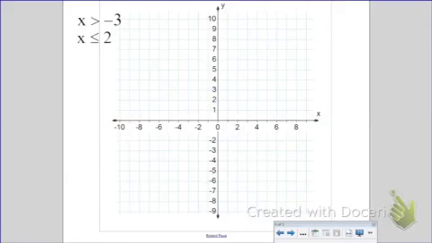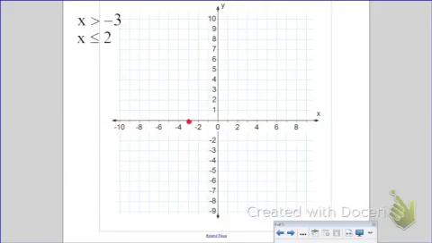Our last example is going to be one where we just have two simple one variable inequalities. These are still graphable, so I'm going to go to x equals negative 3, put a dot there. Oops, switch over the pen. There we go.